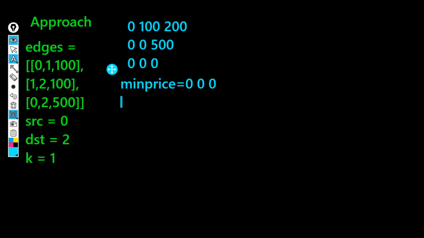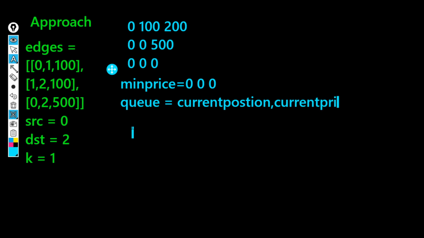At the end I will update these values according to this queue, which will store two things: first the current position, and second the current price. So two things it will store.